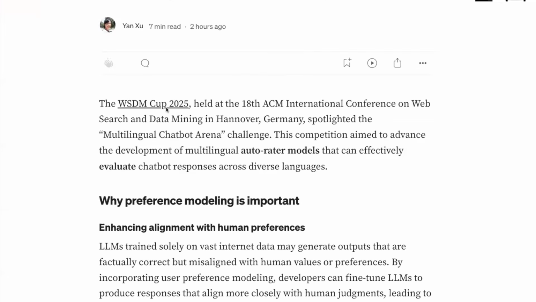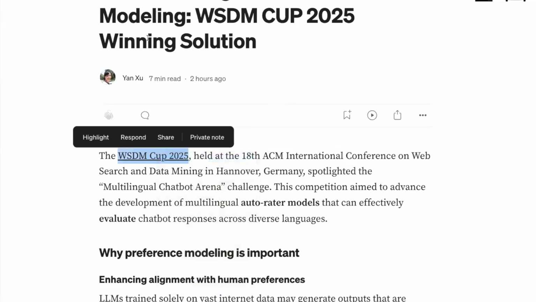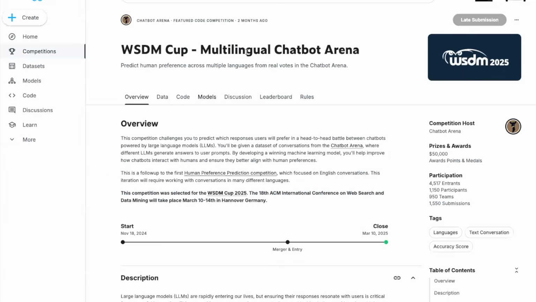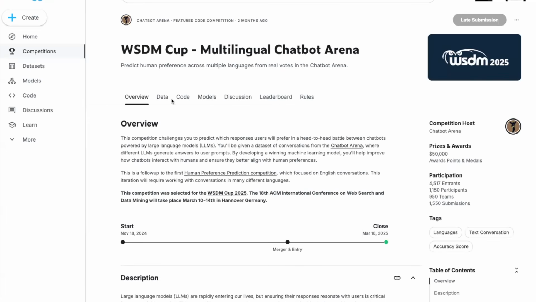So this is a link to the cup. If you're able to open the media page, this will go directly to the Kaggle competition. It's already closed in March, and the conference was also held in Germany in March.